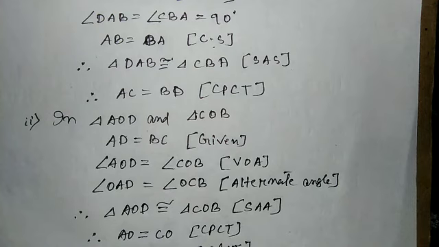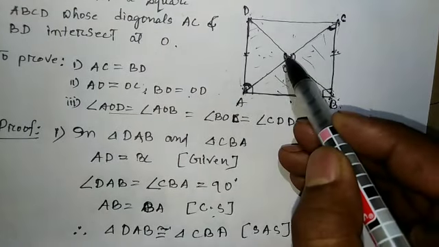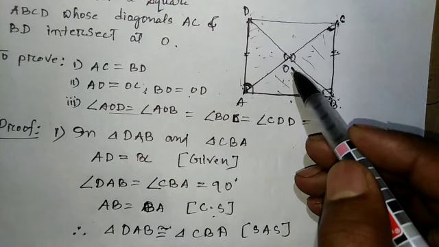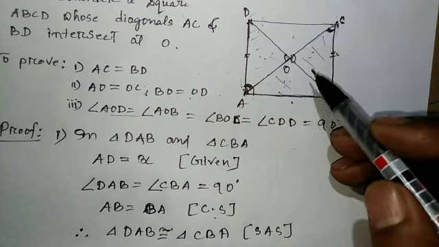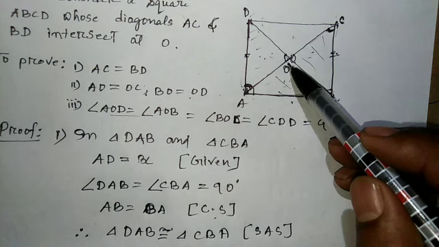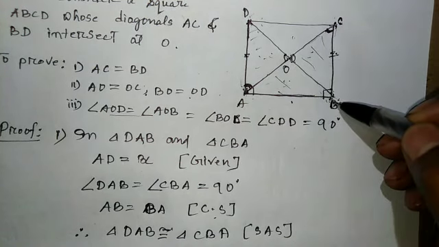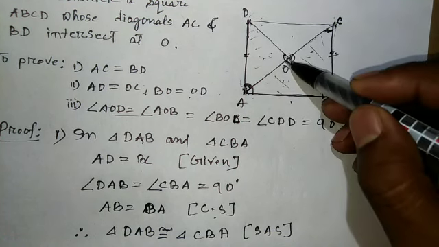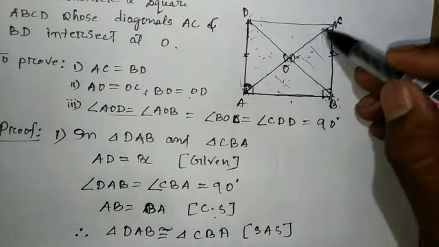So for the last part, we need to prove one of the four angles is 90 degrees. In this case we have to take two such triangles so that a linear pair of angles comes. If we take triangles AOB and COB, then these two angles will come and they are forming a linear pair on the same line.